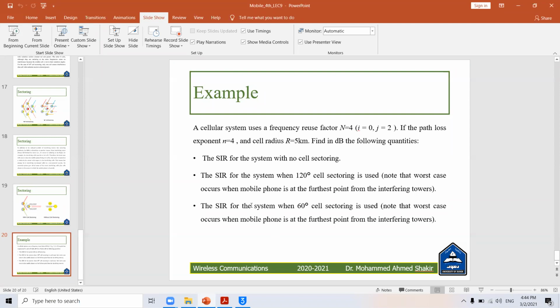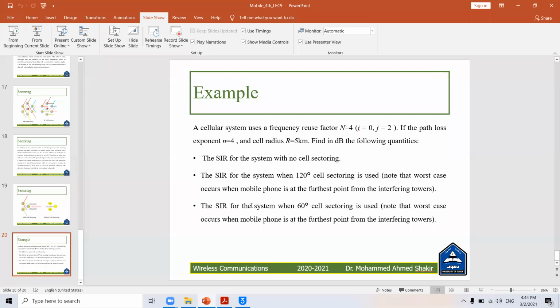In this example, the S over I is missing, so directly you can use the formula S over I equals (square root of 3N) to the power n over I naught. Merely you are going to change the value of I naught in each step and recalculate the equation to determine S over I, and don't forget to determine the value in dB. After finding the value, you calculate 10 log of the signal to interference ratio.